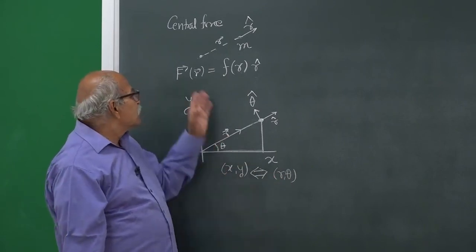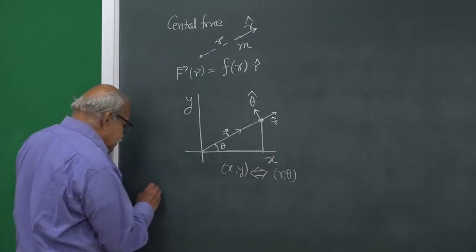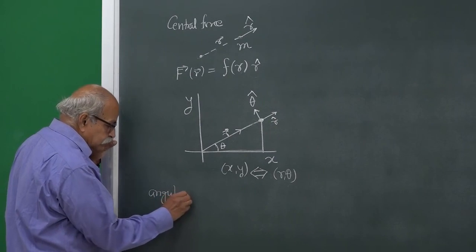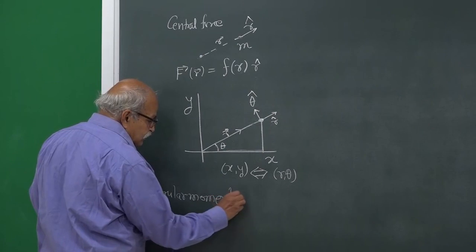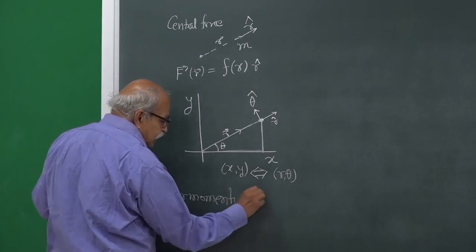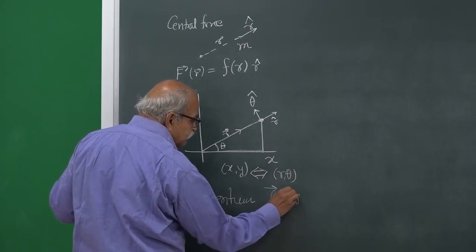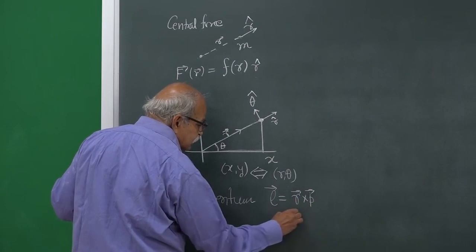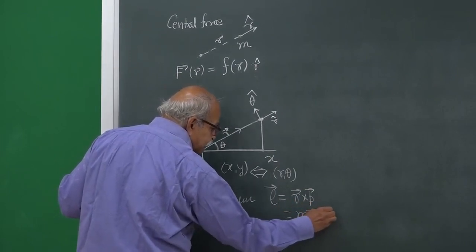Let us come back to our angular momentum. Angular momentum of this particle at time t is given by L equal to r vector cross p vector, that is mass times r cross v.